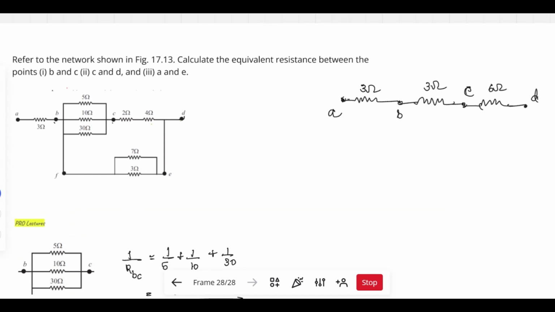This is point B. If you observe, there is no resistance between the points D and E. So the point D and point E are the same. And then this is the parallel combination between B and E. So here there is a 7 ohm resistor and 3 ohm resistor. This is the point E.